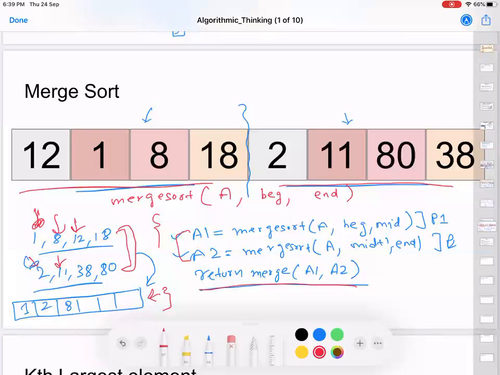So can you now think about the complexity of merge sort? What is it going to be? Okay, I'll again leave that as a homework exercise.